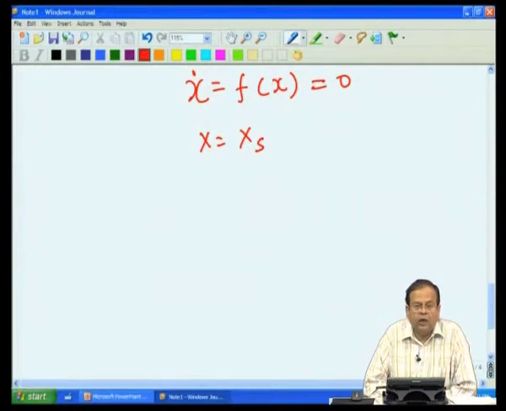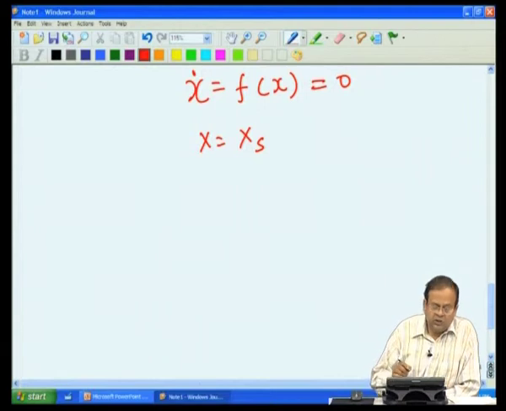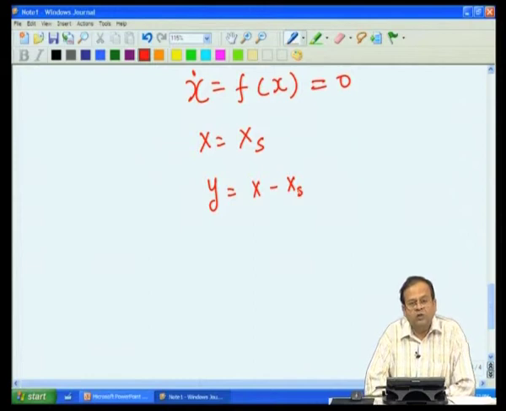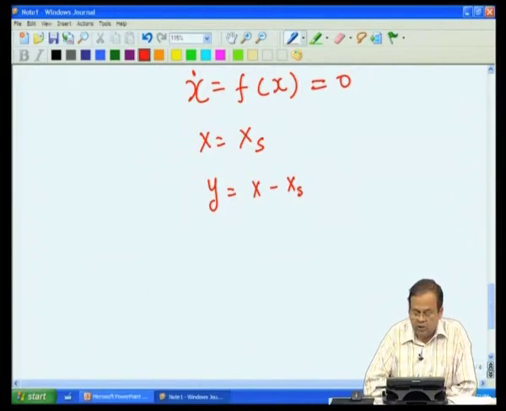Now, before we actually find the stability and determine the criteria, we are going to do a small variation, in the sense that we are going to look at how the behavior of the system is away from the steady state value.